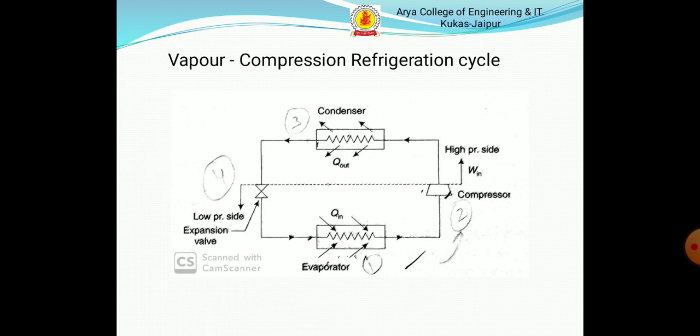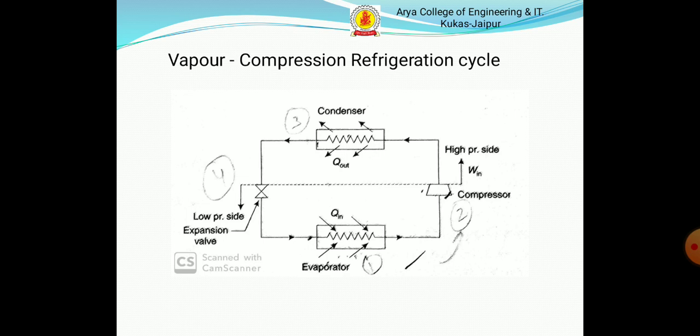The refrigeration effect is produced in the evaporator. The refrigerant enters the evaporator as a wet vapor with low pressure and low temperature, and here it absorbs its latent heat of vaporization from the substance kept around the evaporator, thus cooling them.